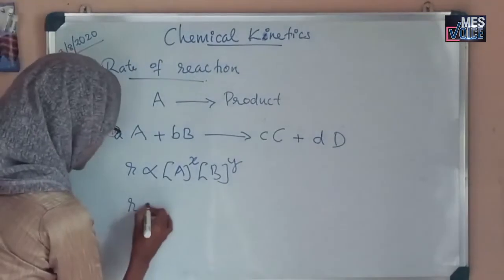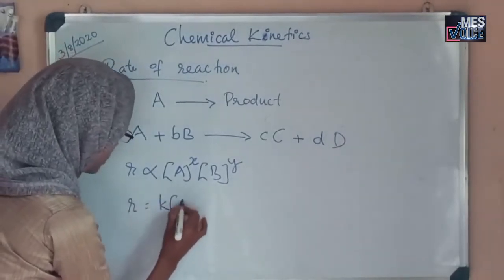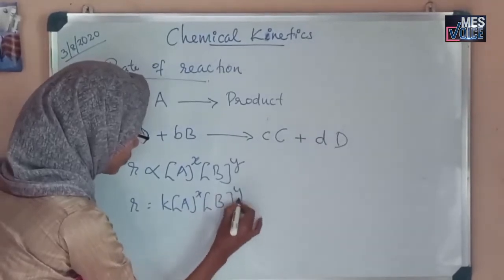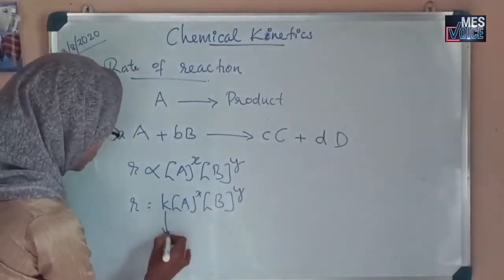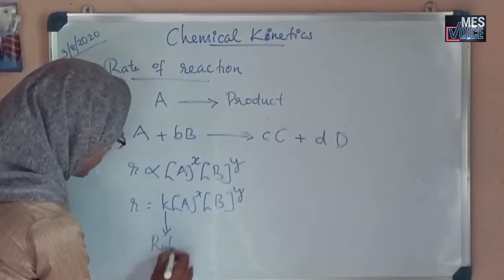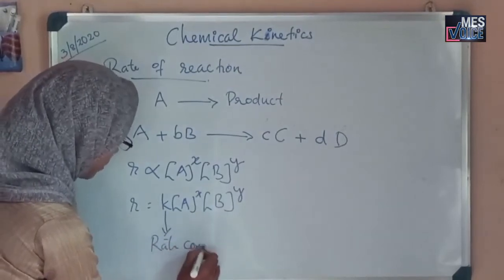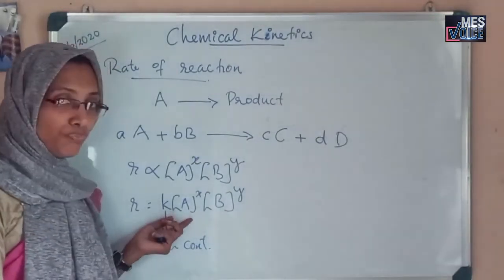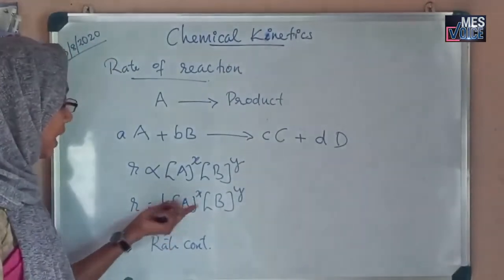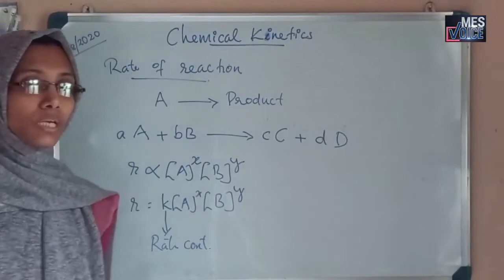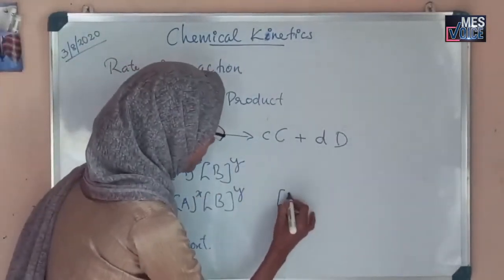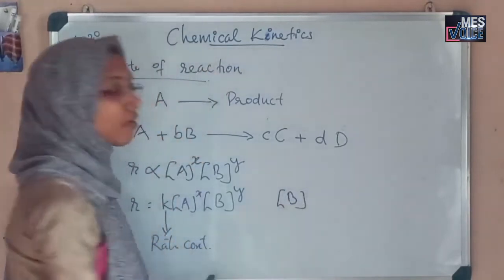That is, R is equal to k into concentration of A raised to x into concentration of B raised to y, where k is known as the rate constant of the reaction. [A] is the molar concentration of reactant A, and [B] is the molar concentration of the reactant B. These brackets indicate the molar concentration.